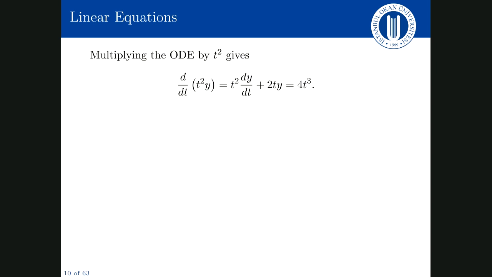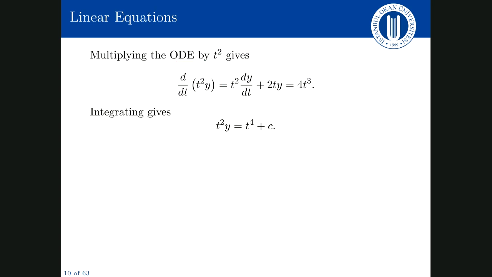We get t squared dy/dt plus 2ty is equal to 4t cubed. And using the product rule, the left-hand side is just the derivative of t squared y.